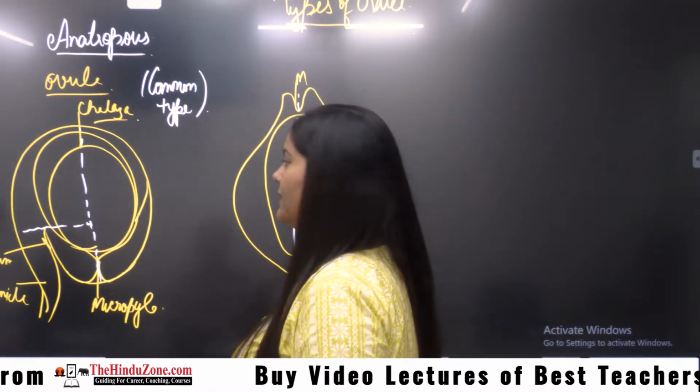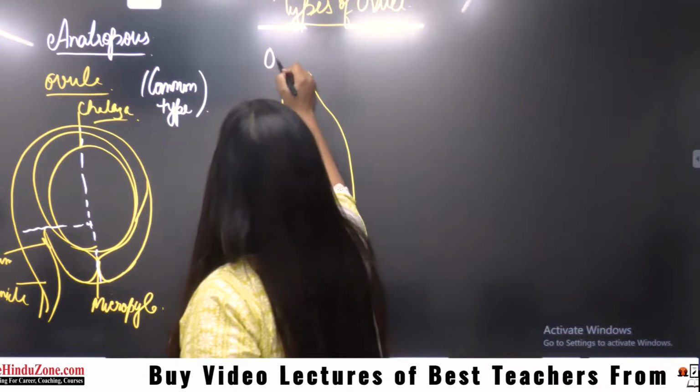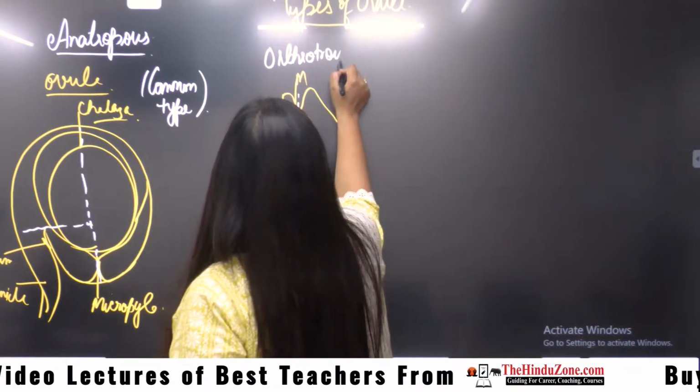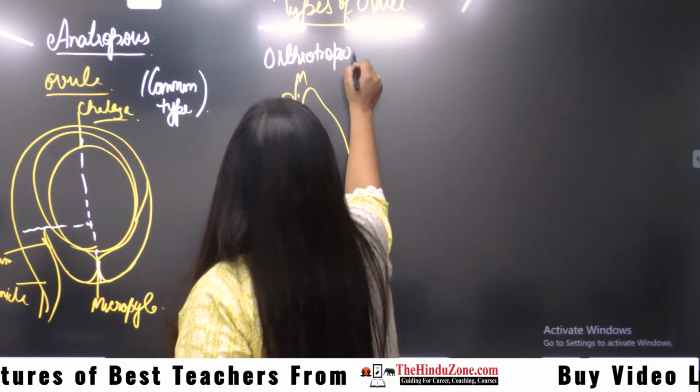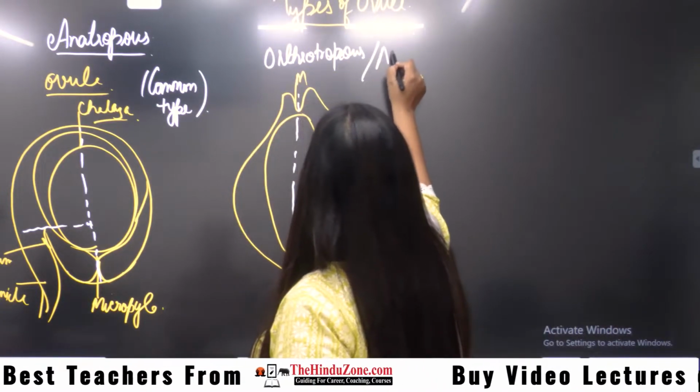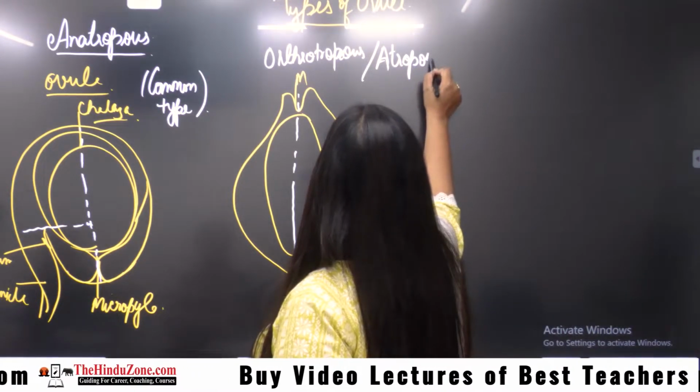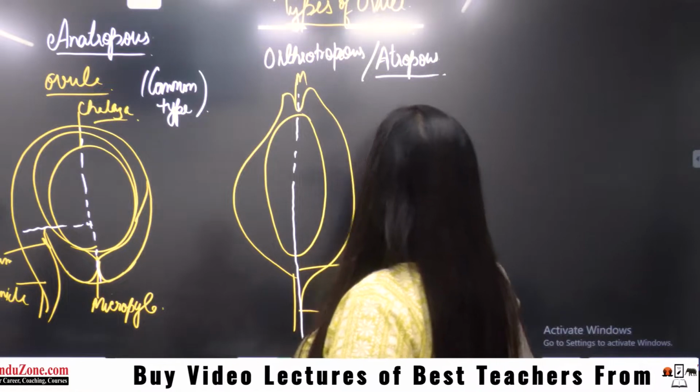Very good, Ankit. This ovule is called an orthotropous ovule, also called atropous.